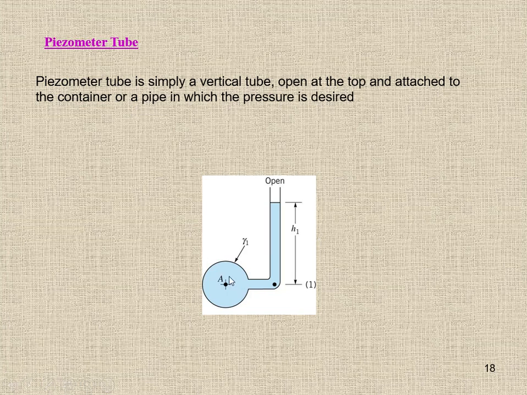Consider this is a container, and we directly connect the tube to it. As soon as we connect it, the fluid comes out into the tube and a height of column is achieved, and it is open to the atmosphere. So this height of the column gives us the pressure available in the container A.